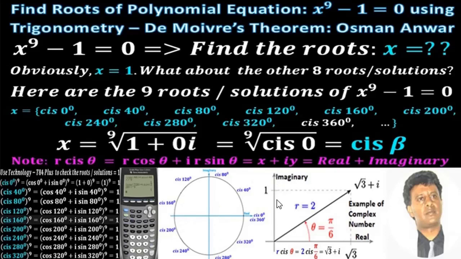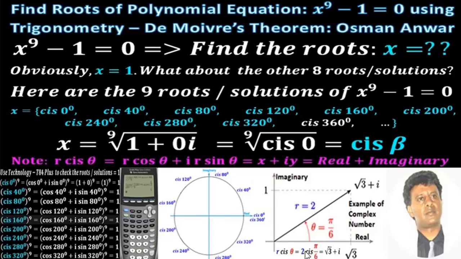And here is an example of a complex number: square root of 3 plus i. You have r equals 2, that is the vector with magnitude 2, and direction is pi over 6, which is 30 degrees. Then this is r cis theta, that is 2 cis pi over 6, which is 2 cis 30 degrees.